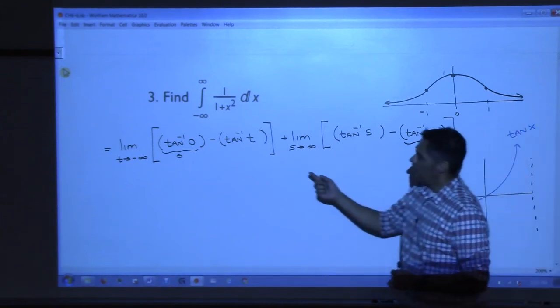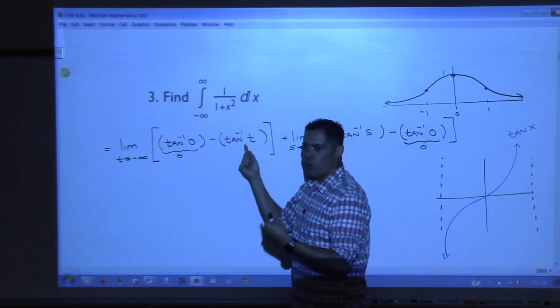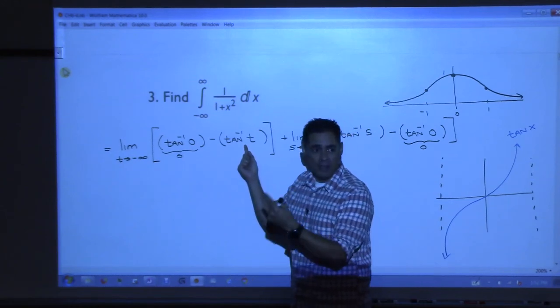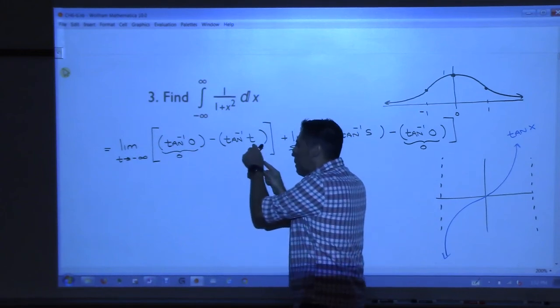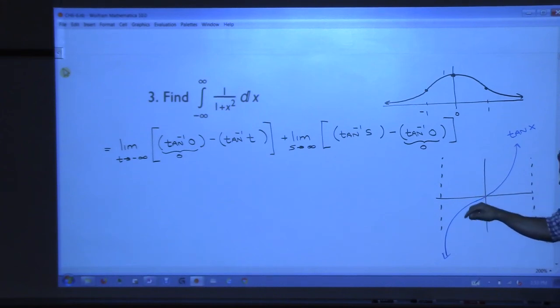This is saying, where on our x-axis is our y-coordinate approaching negative infinity? Right here, right? At this asymptote.